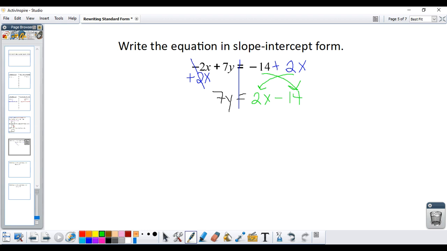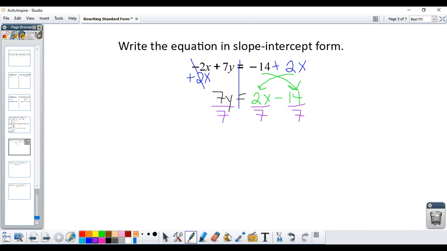So now my y is not quite by itself yet. I need to do one more step of dividing. So I'm going to divide absolutely every single term, all three of them, by that number in front of y. So it's a positive 7 right now.